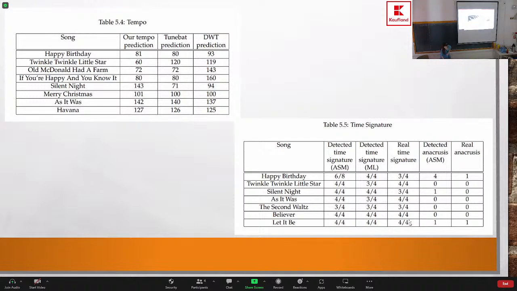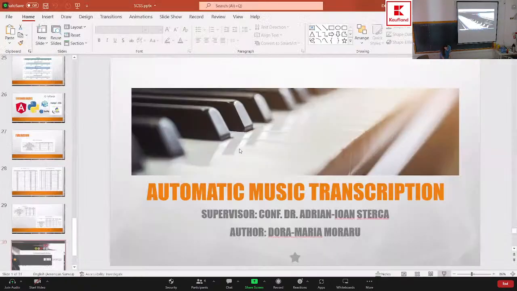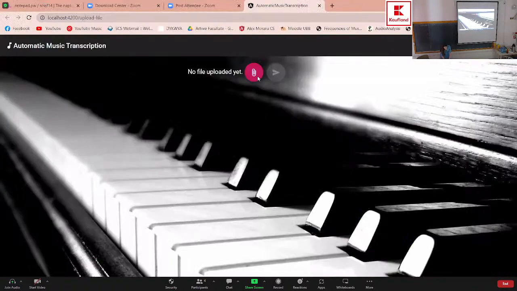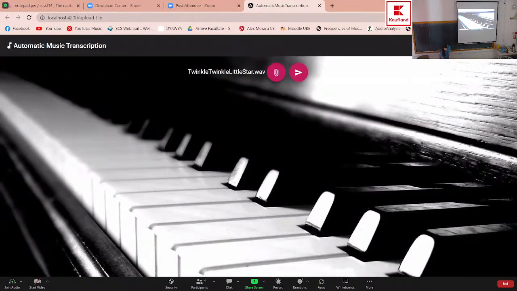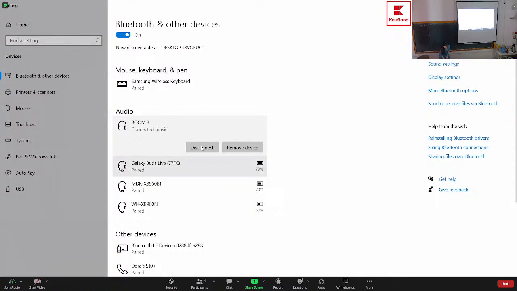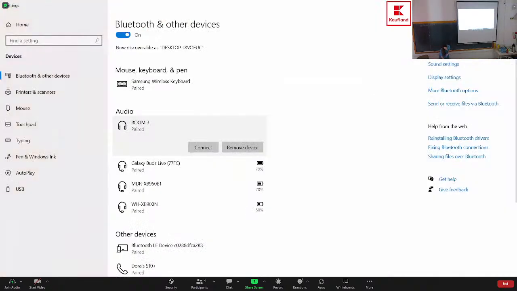I'm going to show you first the actual application, where we can upload a song, like this one. I'm going to connect them. So you can hear, because we will receive in the app a music score, and then we can play it.